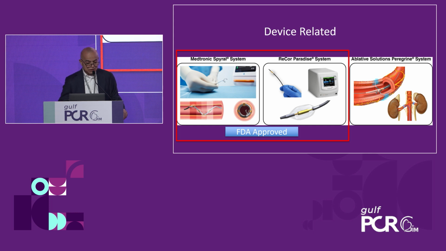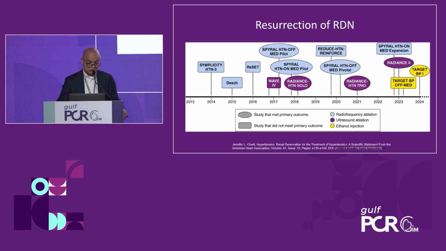We have the Medtronic Spyral system, and we have the Recor Paradise system, depending on ultrasound, and they are both FDA approved. And we have lately seen something related to alcohol ablation, which is in the early stages of renal denervation. So we have more devices and more technologies that are available now that we can utilize.